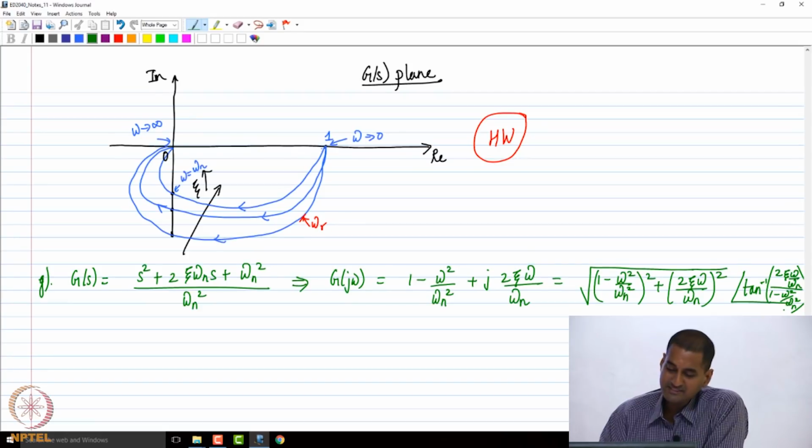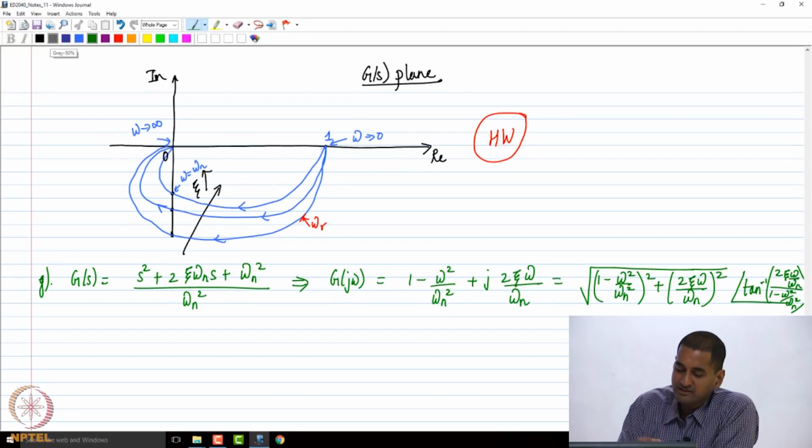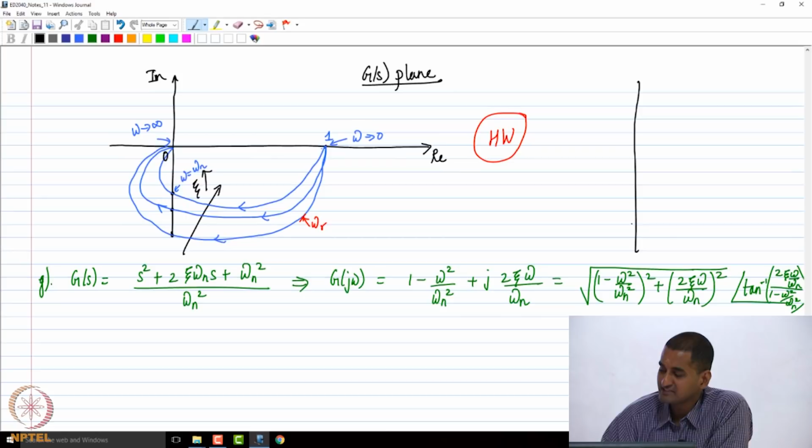So once again, if you plot this, you can immediately observe, if you look at the real part and the imaginary part, what can you observe as far as this particular factor is concerned? What can you say about the imaginary part for any zeta? It is always non-negative.